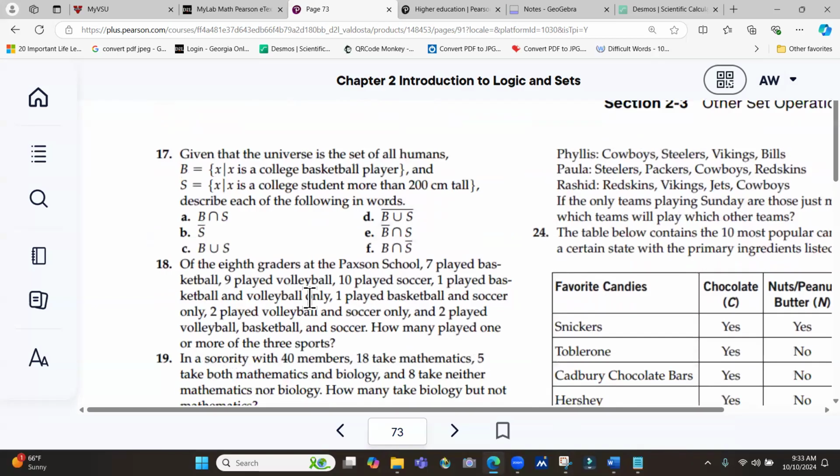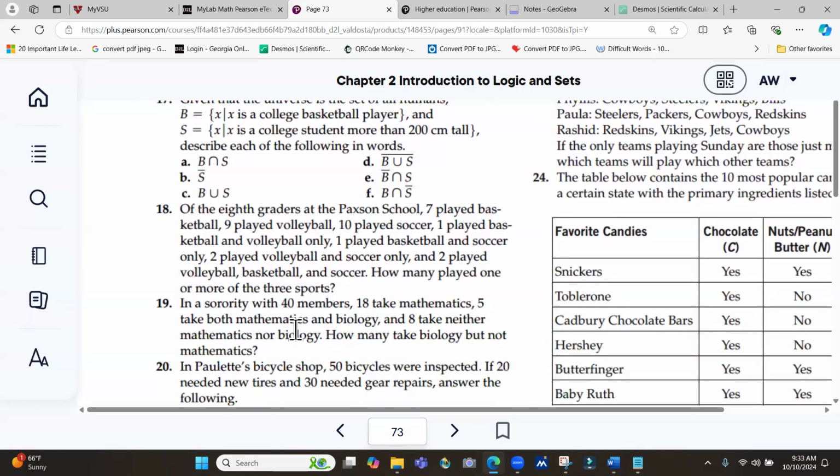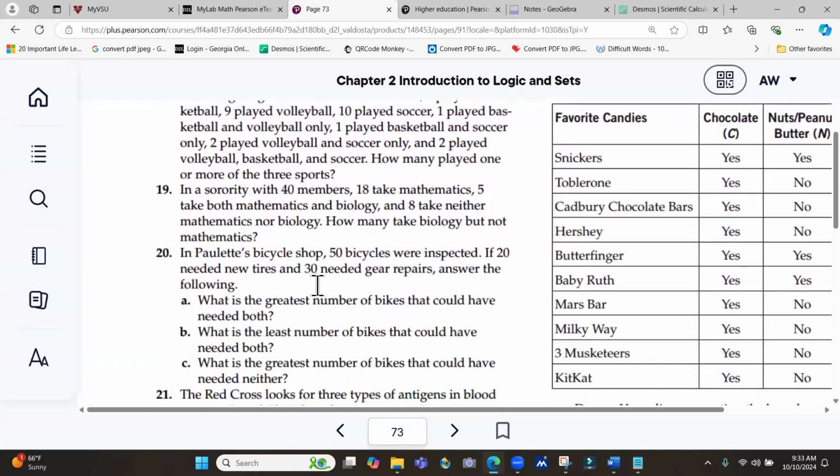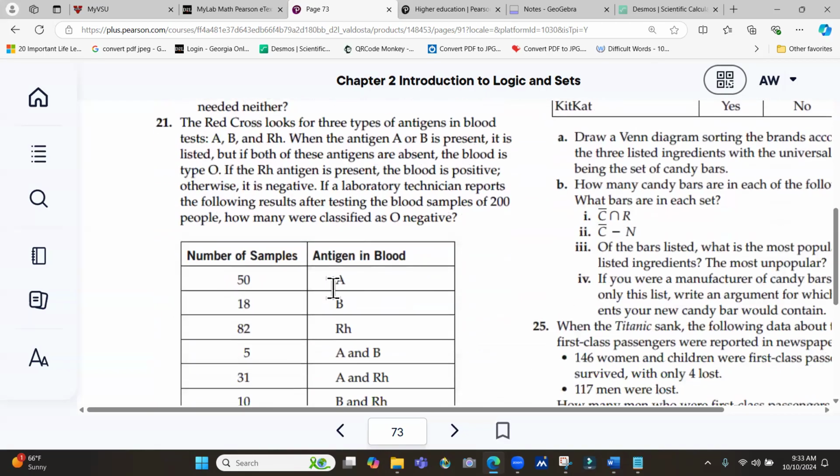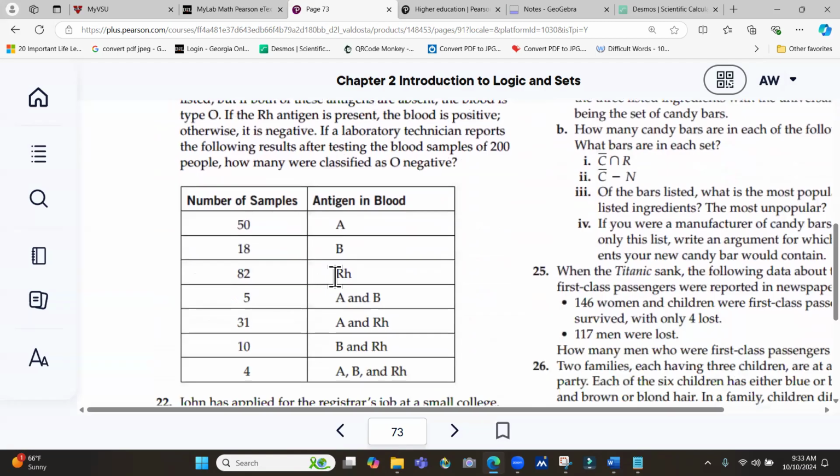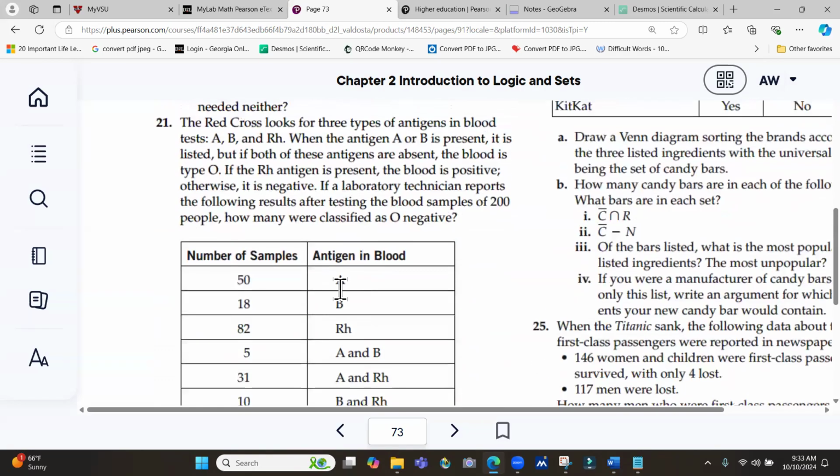We have done 18 too, right? Volleyball, basketball, 18, 19, and 21. Seems like, guys, we have to do this 21. It seems like 21 is the only one we didn't do from 2.3a. That's what I'm recalling.